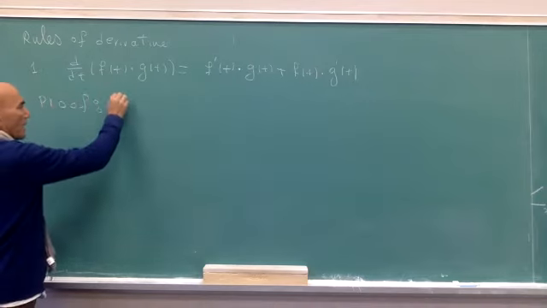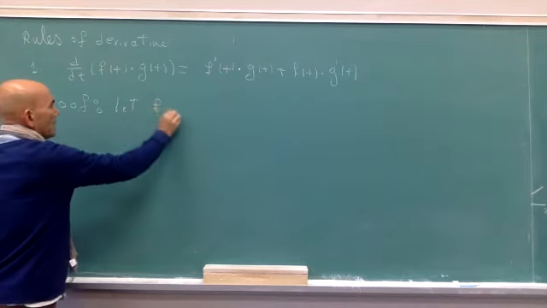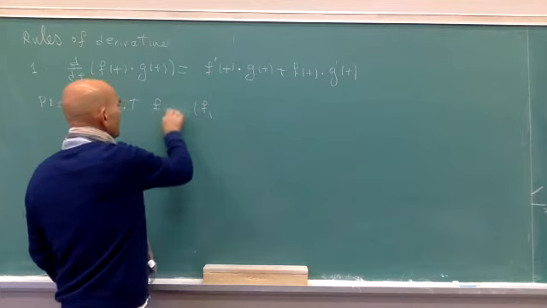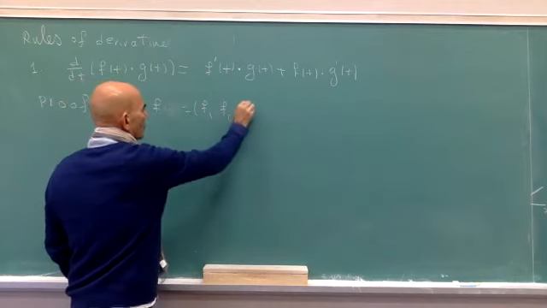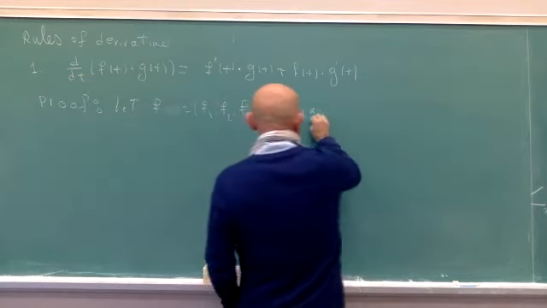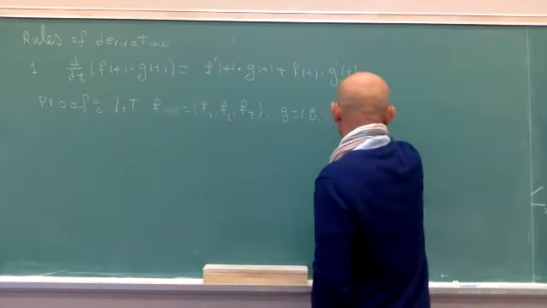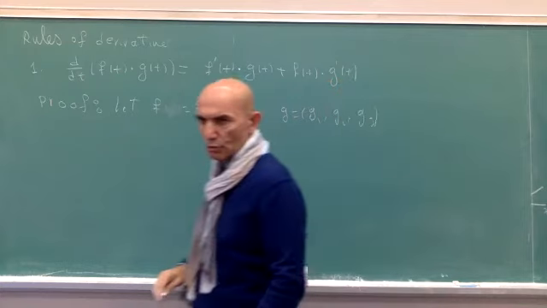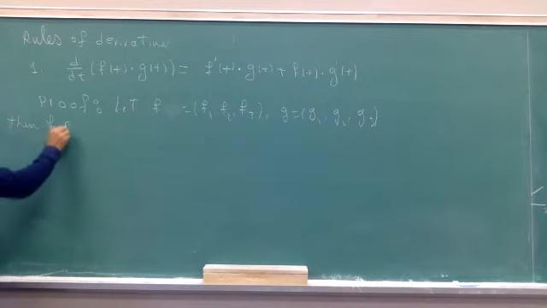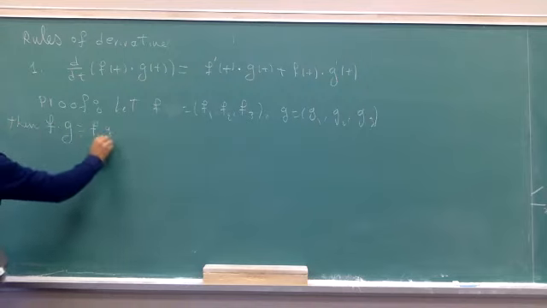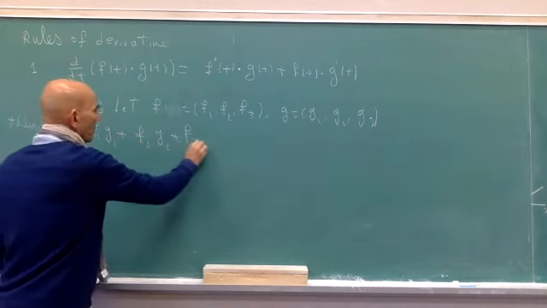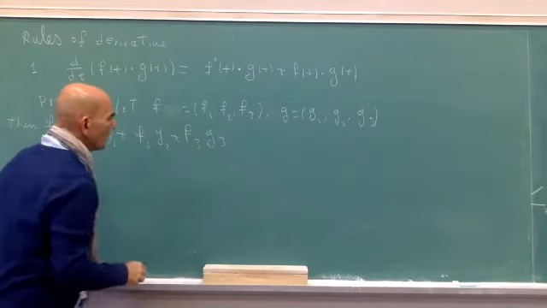Let f(t) equal (f1, f2, f3) and g equal (g1, g2, g3). Then f dot g is equal to f1 g1 plus f2 g2 plus f3 g3.